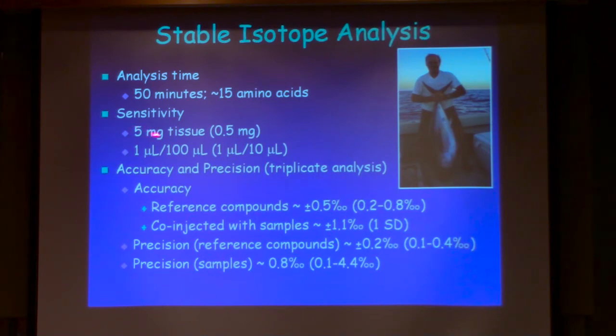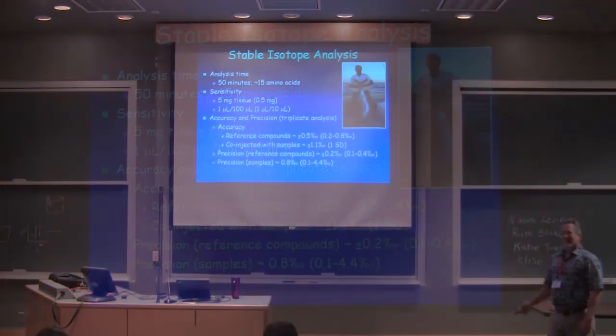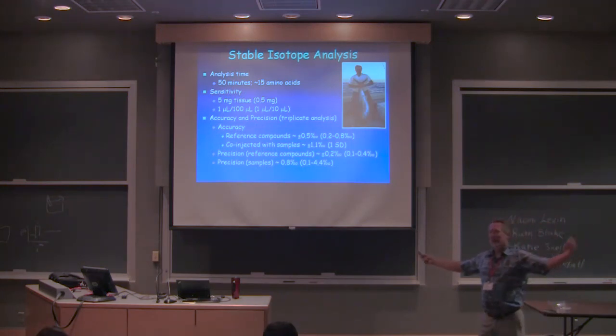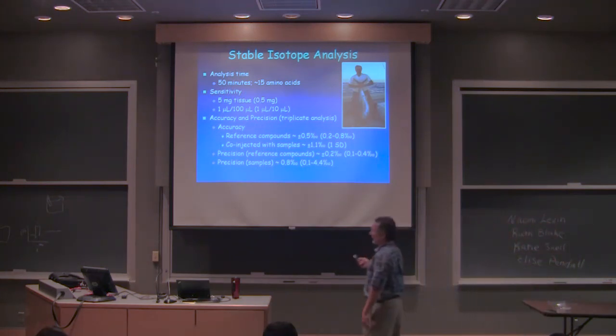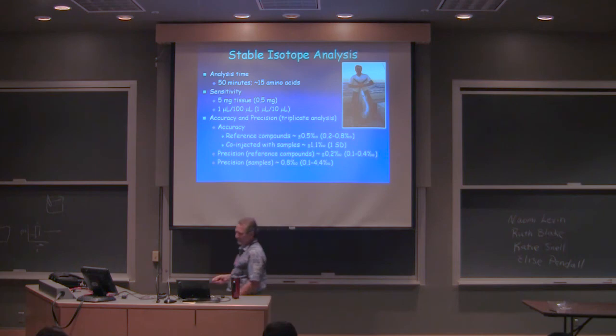If you start off with 5 milligrams of tissue, you inject 1 out of 100 microliters of a solvent to make those analyses. Our accuracy is not quite what we would get for bulk material, but the ranges are huge, so we don't need a high accuracy and precision for this method. And again, we know what the errors are. We can measure those errors and we can propagate them.